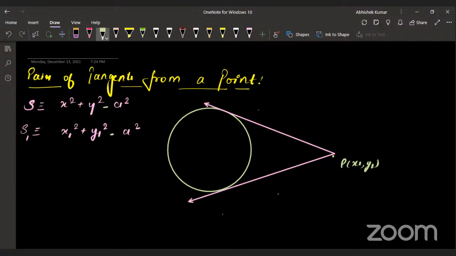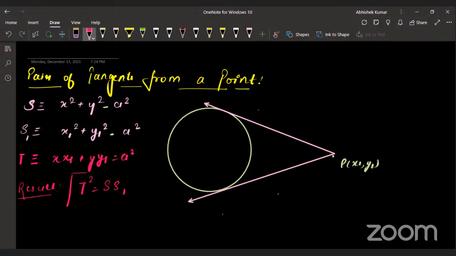Because we will get some numerical value here, right? What is T? T is, if you remember, when you replace x square by x x1 and y square by y y1. So it will be x x1 plus y y1 is equal to a square. Fine. Then your result will be, which we are going to derive in fact, T square is equal to SS1. The combined equation of the two tangents drawn from an external point is given by T square is equal to SS1. How we got it, that we are going to discuss now. Clear?